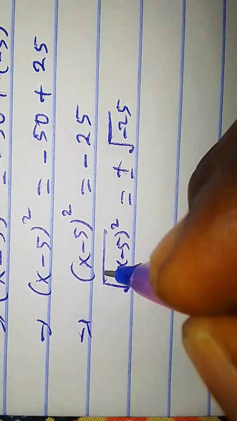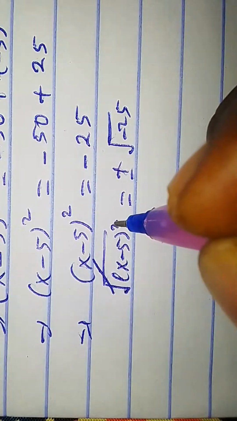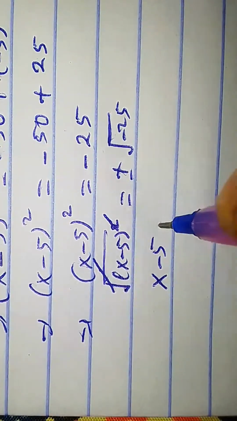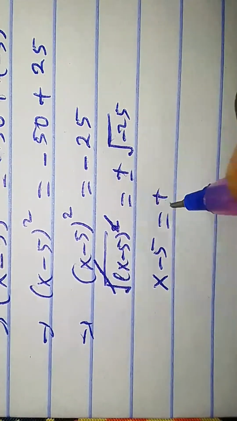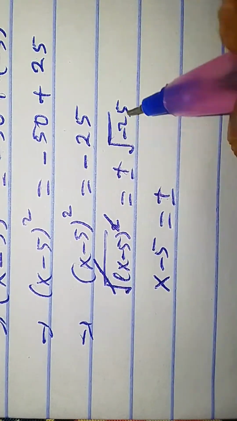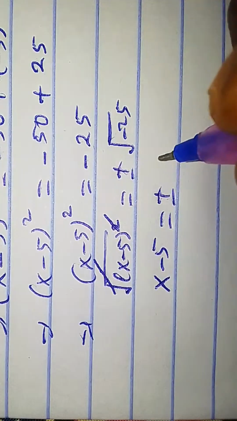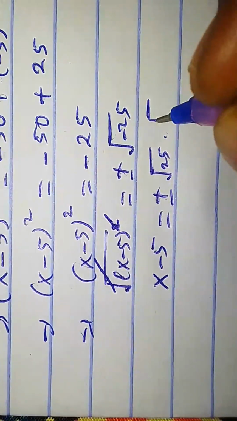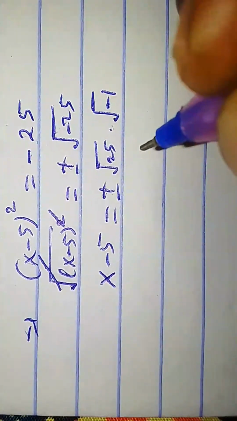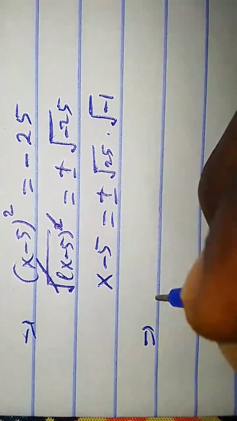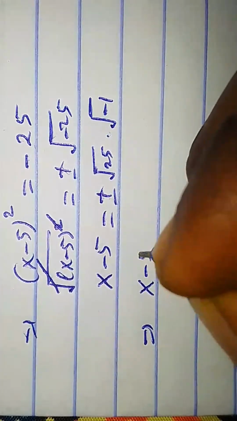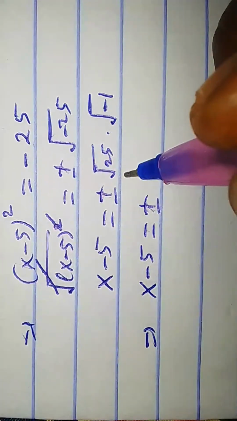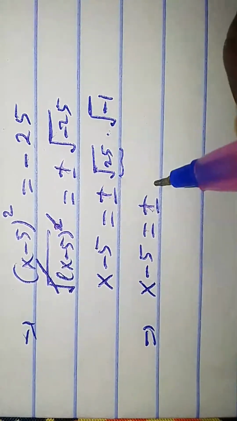Clearly, this square root cancels out this power. We are left with x − 5 = ±. I can rewrite the square root of −25 as the square root of 25 times the square root of −1. This implies that x − 5 = ±, what is the square root of 25?